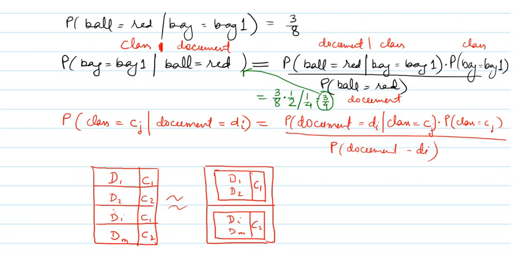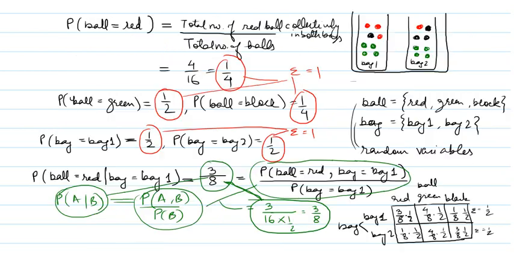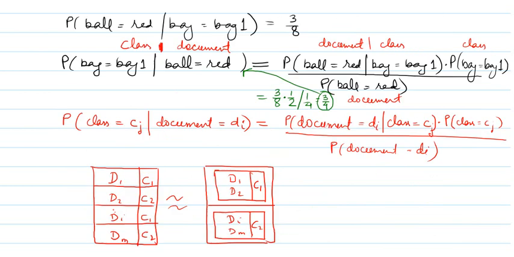Or the other way around, we can calculate the probability with the help of this formula: P of ball is equal to red, comma, bag is equal to bag 1, divided by P of bag is equal to bag 1, as P of document is equal to document 1, comma, class is equal to class 1, divided by the probability of class, right?